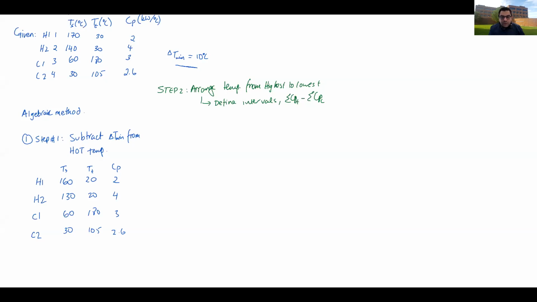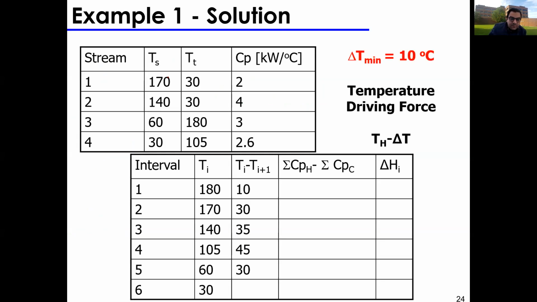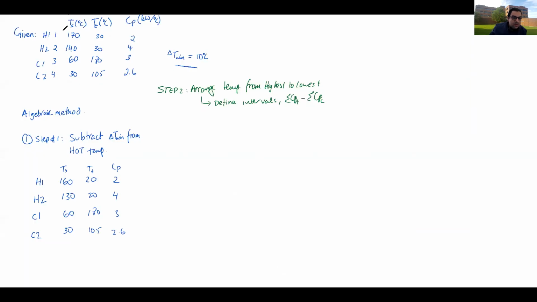Okay. Before we continue, let me just tell you something so that it matches these slides. These are actually the temperatures after subtracting 10 degrees, okay? So initially my temperatures were 180 to 40, 150 to 40, okay? So just be aware of this on the slide. So I'm going to fix this while talking on the whiteboard. The steps don't change, but I want the numbers to match what's listed on your slides.